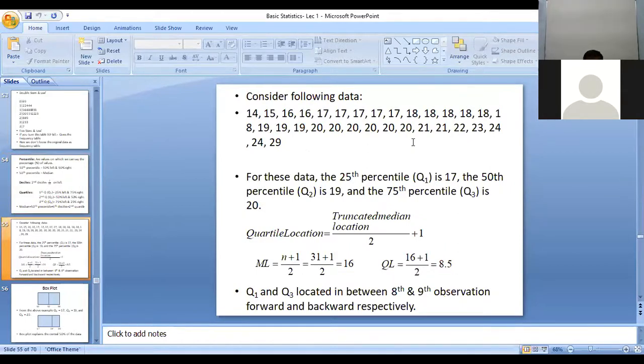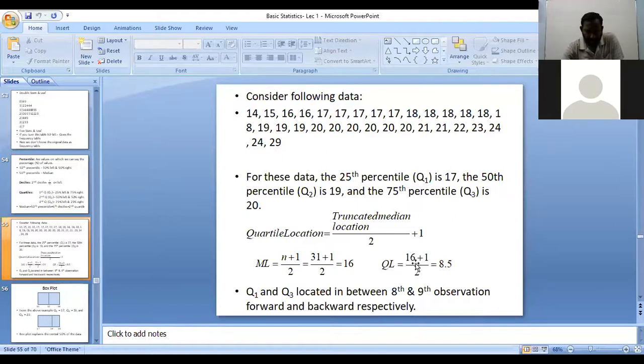Then we considered a set of data. We went through how to calculate the quartile location, which is based on the truncated median location plus 1, divided by 2. As we did earlier in this data set, the median location is 31 + 1 divided by 2, which is 16. The truncated median location is again 16 because there is no decimal value.